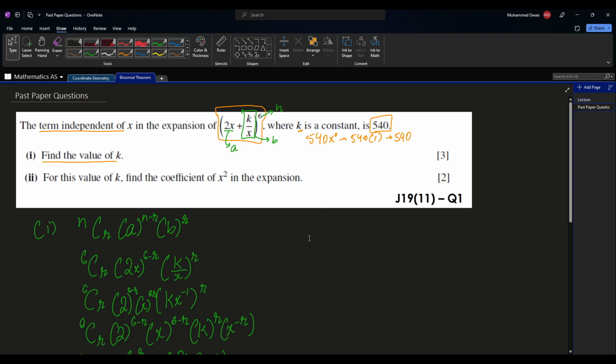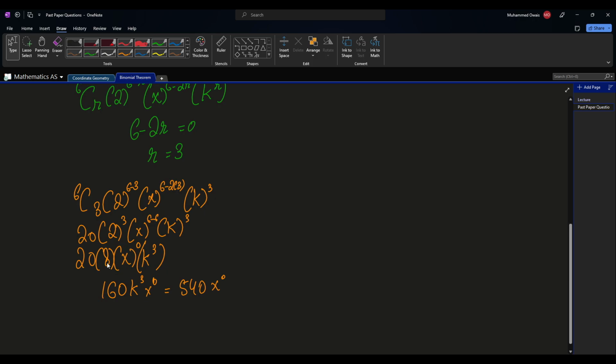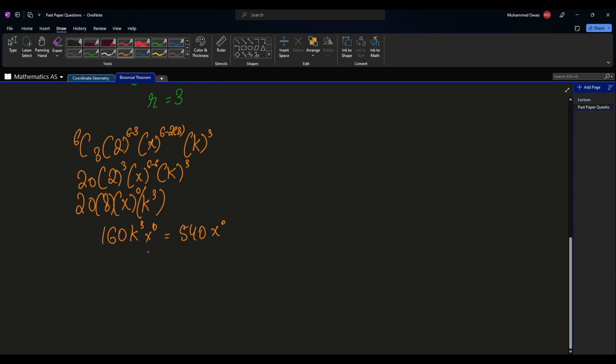Basically 540 is the coefficient of x power 0, and here we can see that 160 k cube is the coefficient of x power 0, right? So we can basically equate these two coefficients. So this becomes 160 k cube equals 540. k cube is now equal to 540 over 160.